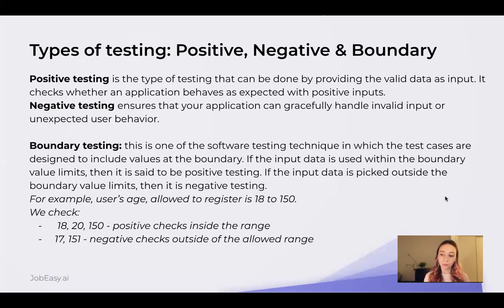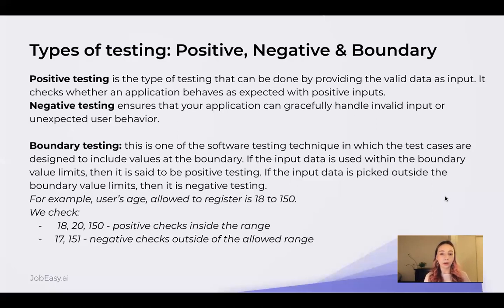Enter invalid email, or don't enter email. And your application should also handle these cases and either tell you email is required to register, or valid email is required to register, and so on, right? So your application handles all these cases.